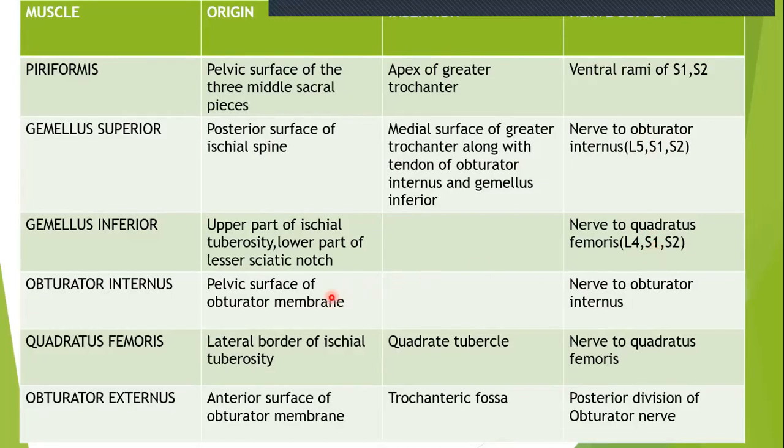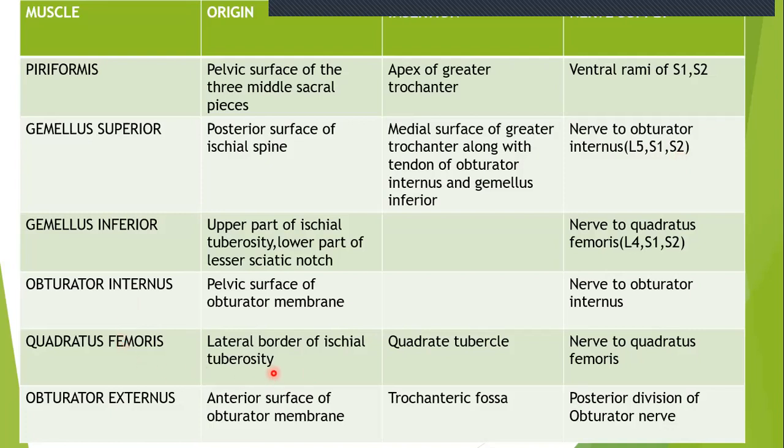So obturator internus originates from the pelvic surface of obturator membrane. Insertion is the same as gemellus superior and gemellus inferior. It is innervated by the nerve to obturator internus. Root value L5, S1, S2, the same root values as for inferior gluteal nerve.